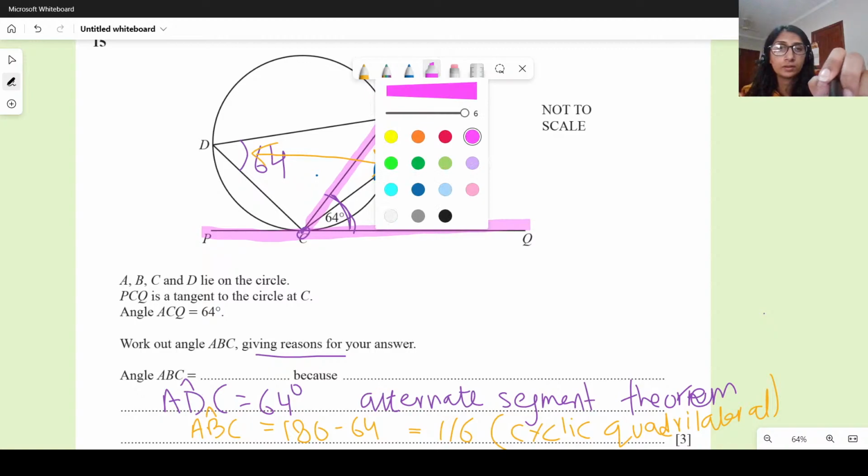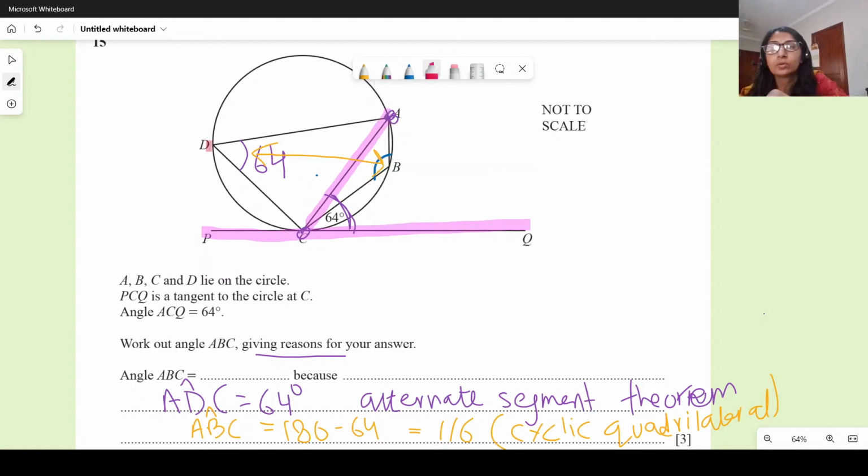A cyclic quadrilateral is a quadrilateral whose all four vertices touch the circumference of a circle, like in this case. If you have a cyclic quadrilateral, then the opposite angles sum up to 180. So that's why 64 and the missing angle would sum up to 180, and the answer would be 116. So you must write cyclic quadrilateral and alternate segment theorem to get the full 3 marks for this question.